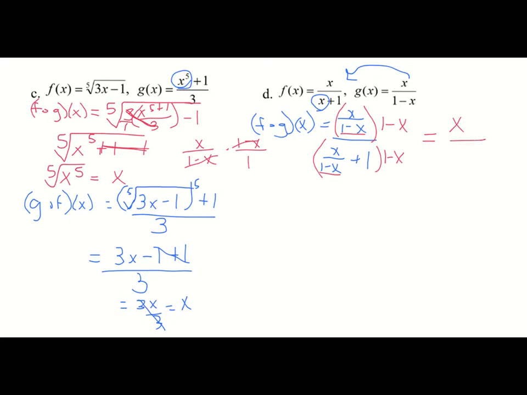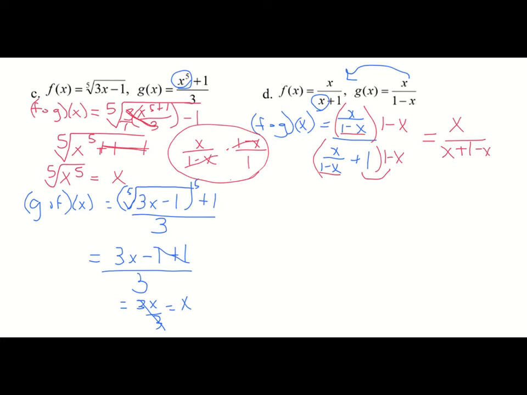And then down here, again, it will be the same thing. My x over 1 minus x will equal just an x. And then we have 1 times 1 minus x, so it'll be plus 1 minus x.